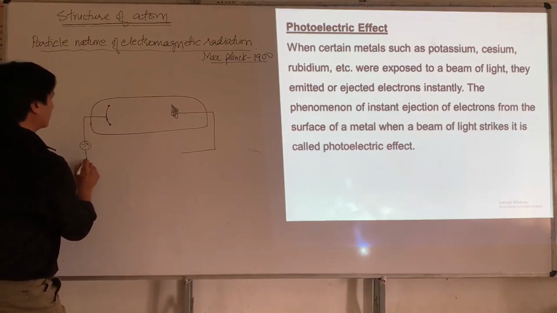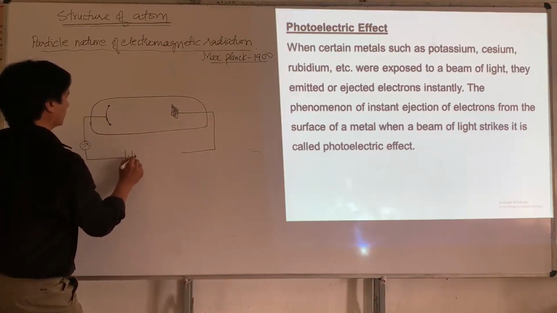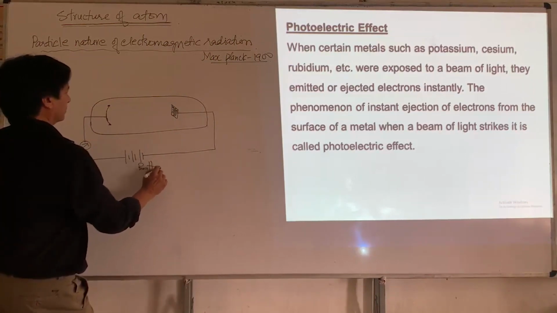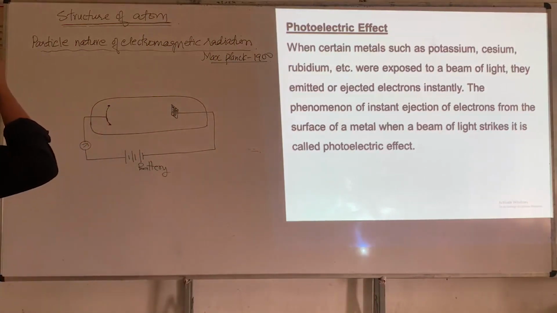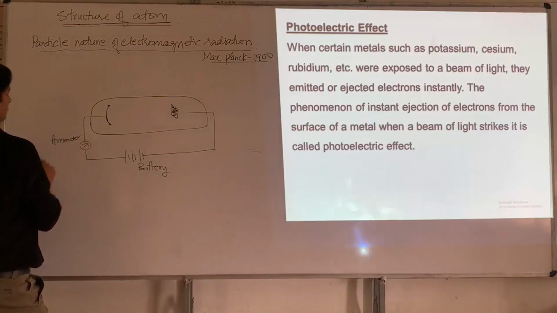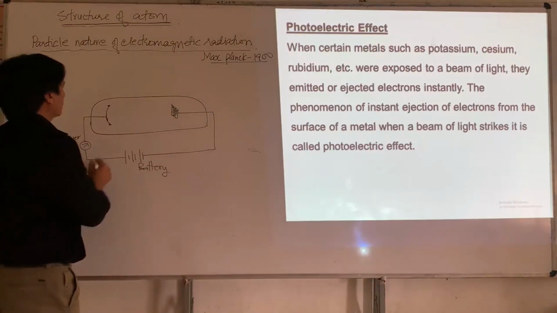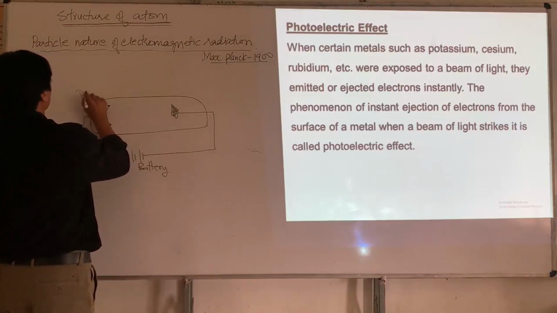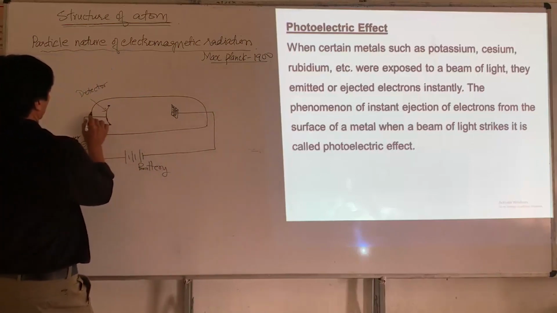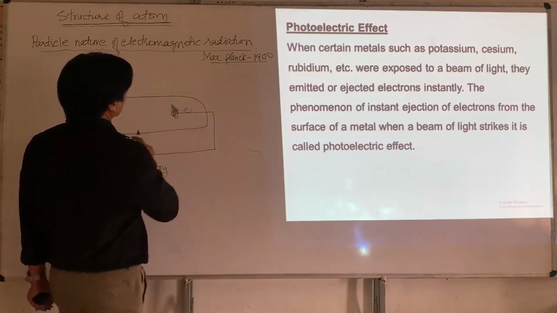From the ammeter, it is connected to a battery here. This is your battery, and this is an ammeter to see if there is any current flowing through the circuit or not. And this is the detector. This is the positive terminal here, and you have the negative terminal coming here.